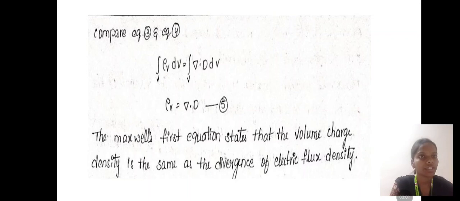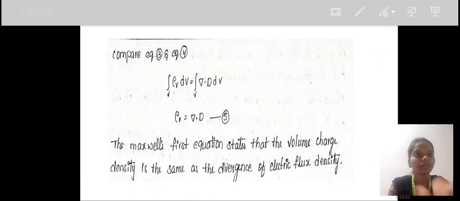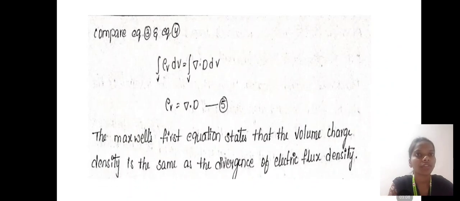Comparing equation 3 and equation 4, the integral of rho v dv equals the integral of divergence of D dv. By cancellation of the integral, rho v equals divergence of D. Maxwell's first equation states that the volume charge density is the same as the divergence of electric flux density.